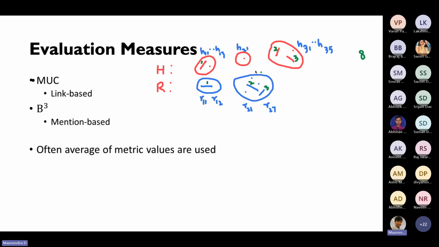And from R, we have 7C2, which is 21, and 22 different edges in total. Now, if we consider the edge list that you get from H and the edge list that you get from R, this is the edge list from H.